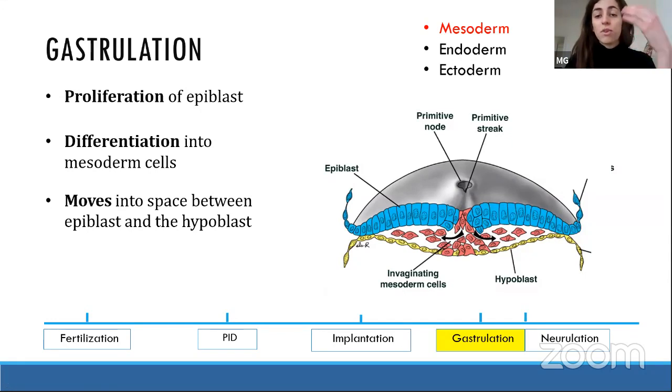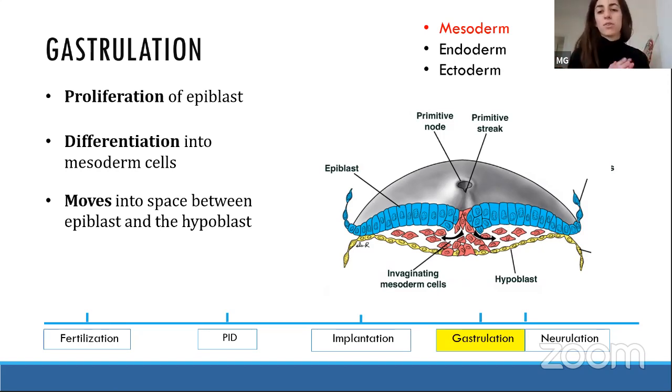So it means it moves from where the head will be to where the bottom will be, right? And it moves down as the epiblast cells in the center decide they want to create a new layer between the epiblast and the hypoblast, okay? Sorry, not all the cells. The cells in the primitive node decide that they want to create a new layer.